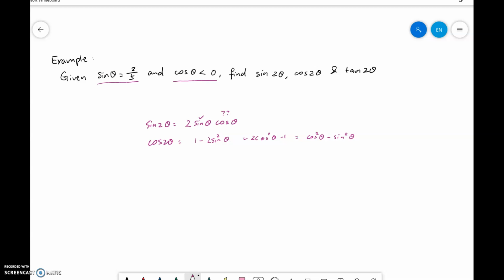Okay, so for this case, since I'm writing out the formulas for the cosine, what we can see is, based on what we have, sine of theta equal to 2/5, we can directly find cosine of 2 theta using 1 minus 2 times sine squared theta.